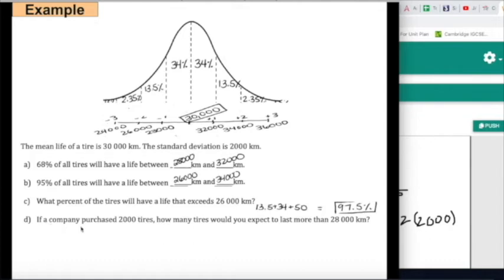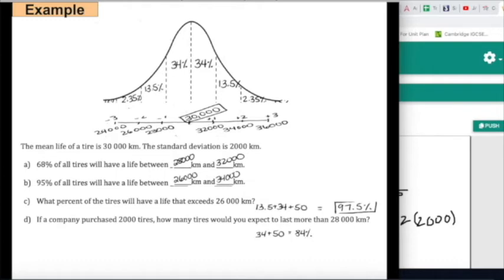Next one, if a company purchased 2,000 tires, how many tires would you expect to last more than 28,000? Easy, just like the previous question. The area of this half of the curve is 50%. The area of this part we know is 34%. So 34% plus 50% equals 84%.